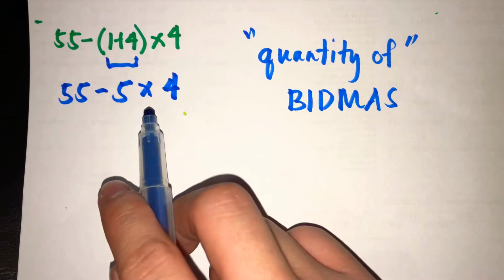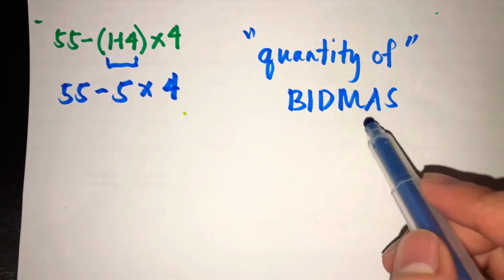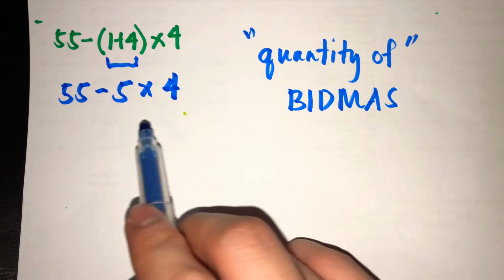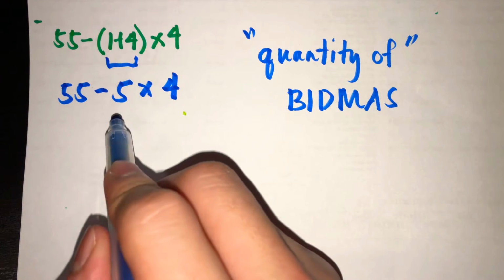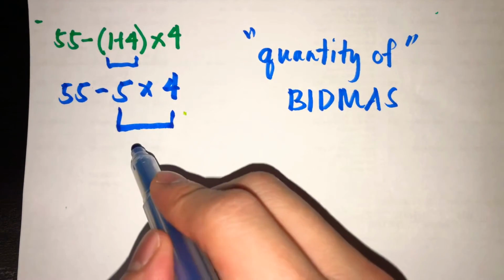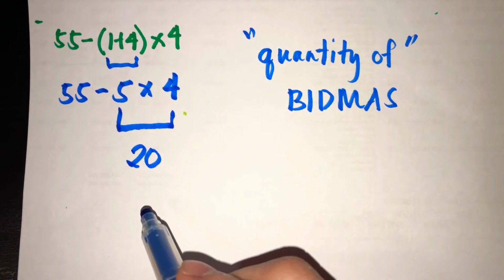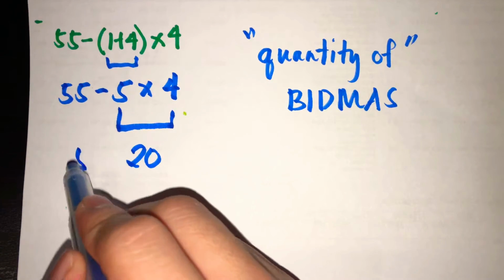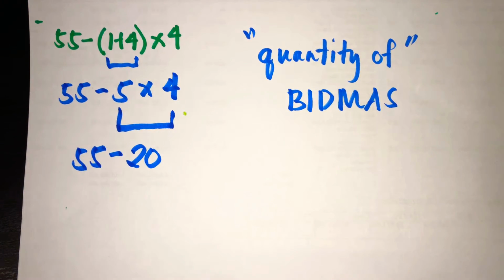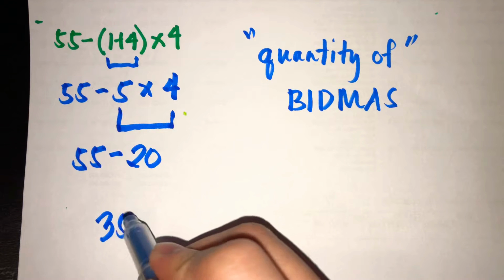Since we don't have indices here, we go now with division and multiplication. We have multiplication here, so we'll start with this one. 5 times 4 is 20. Then we have now 55 minus 20. The answer here is 35.